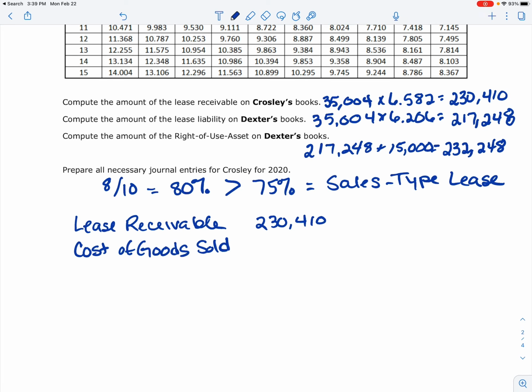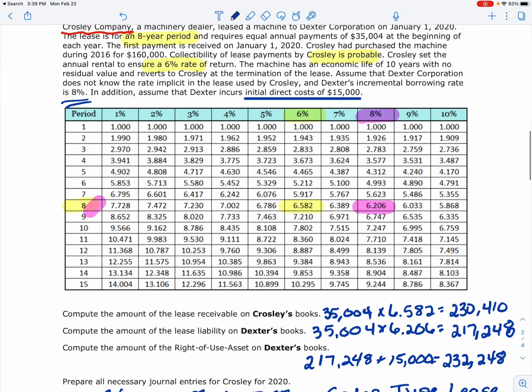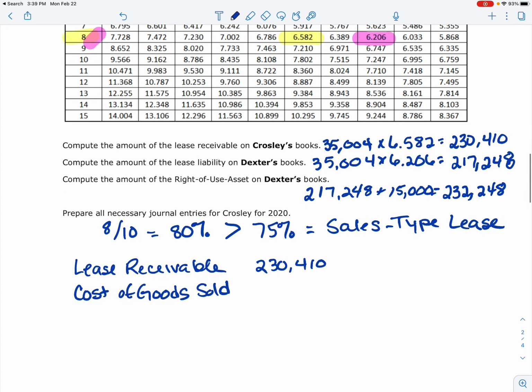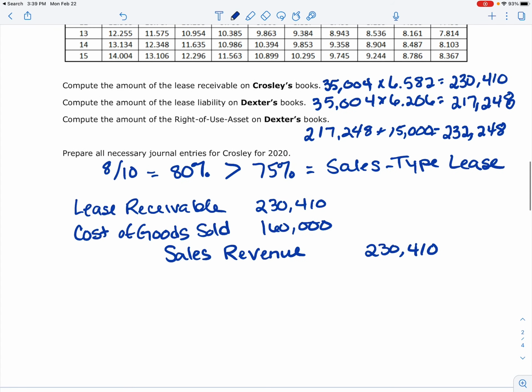And your homework likes to do this all in one journal entry. That cost of goods sold is going to be what we purchased it for, of $160. And then we're going to record a sales revenue. This is for the amount of that lease receivable. And then also decrease our inventory.